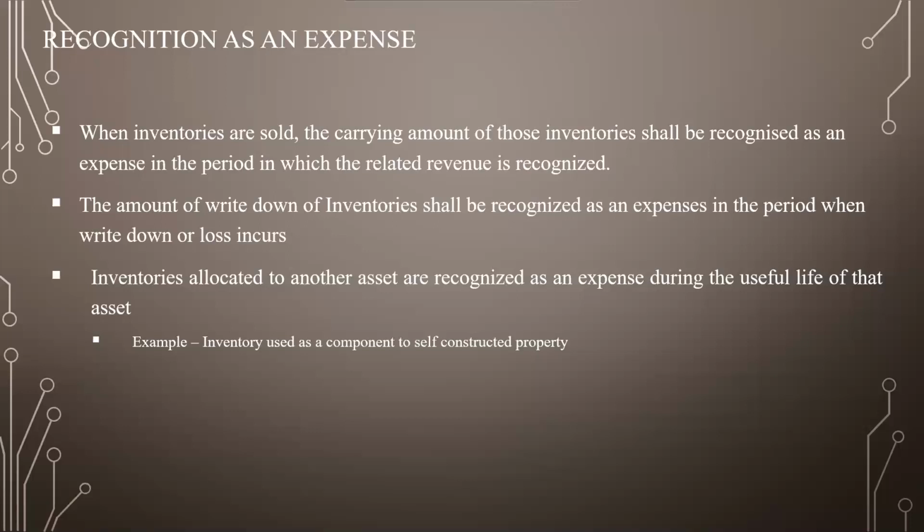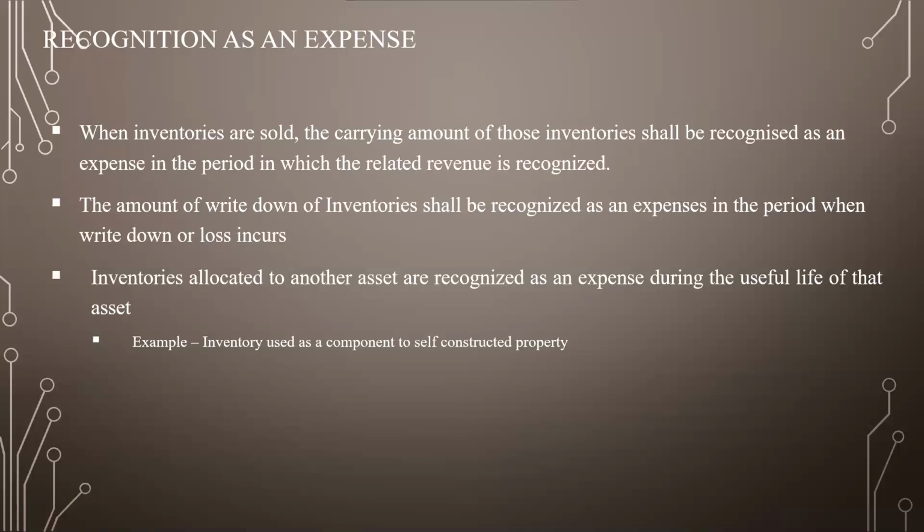This loss or write down value has to be accounted in the period when it is incurred. Broadly in India or anywhere, depending on the reporting, most of the listed companies report once a quarter, so this exercise is done once a quarter. We identify the net realizable value at the material level for each of those items and what my cost is. If there is a gap, that is a loss, so we account that loss.